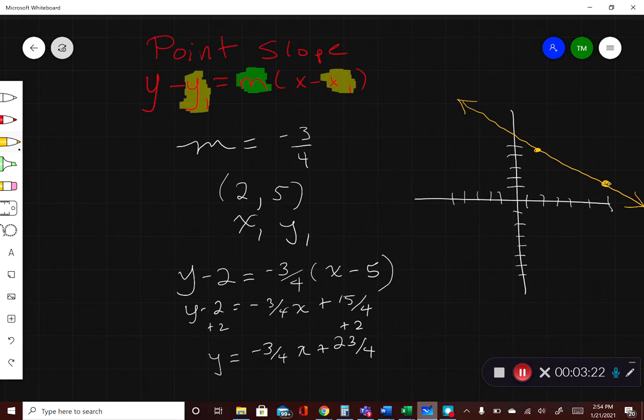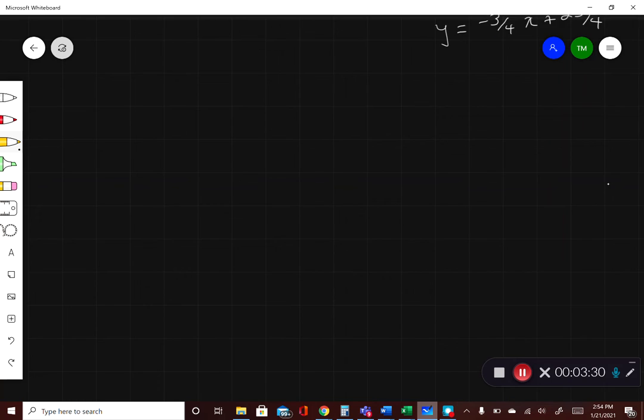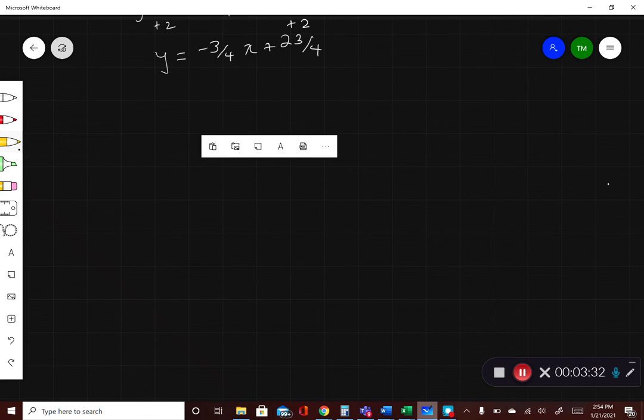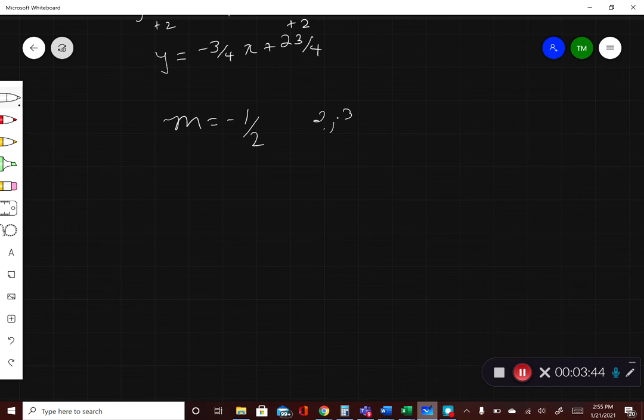Let's take a look at another one. So let's say we were given that we had a slope of -1/2 and passing through the point 2, 3. So let's graph this one first.